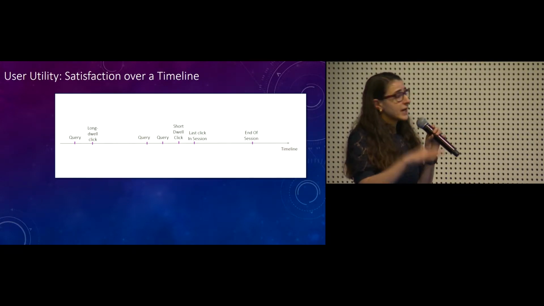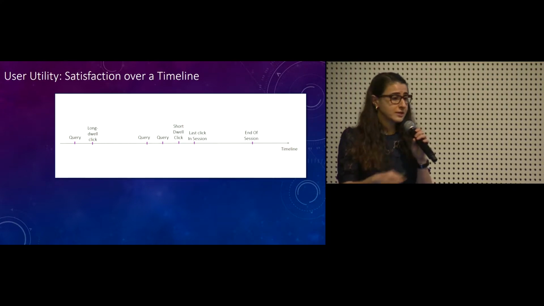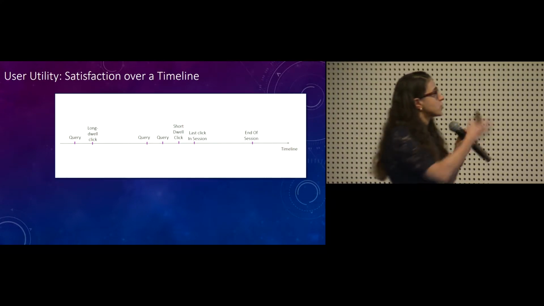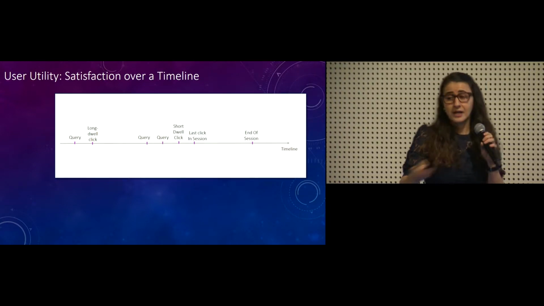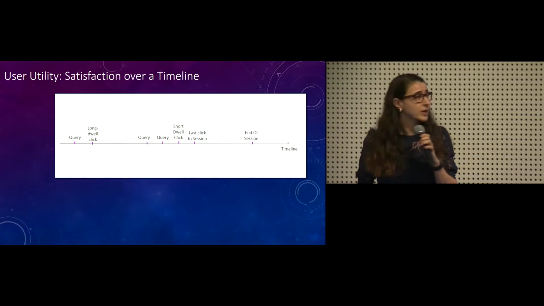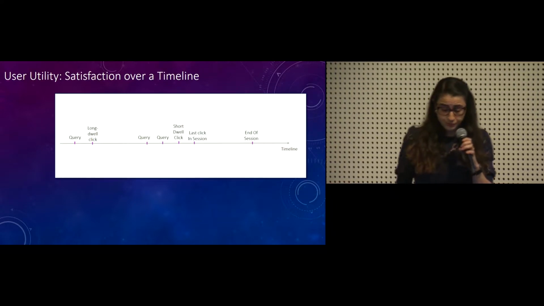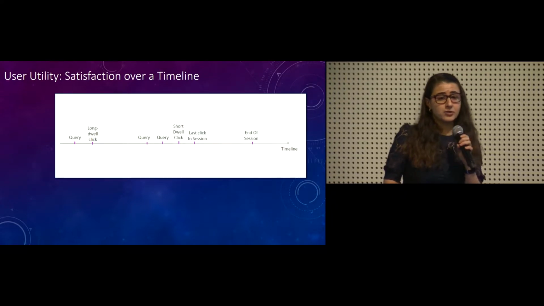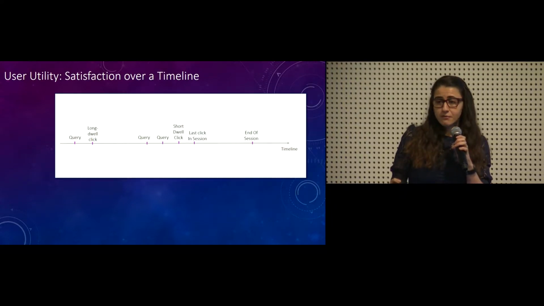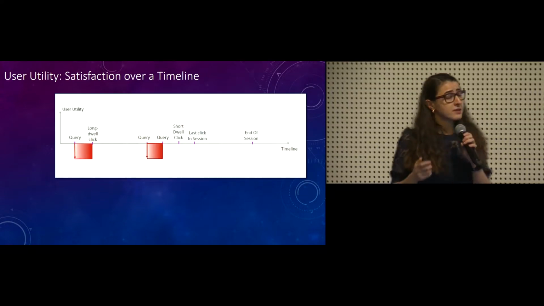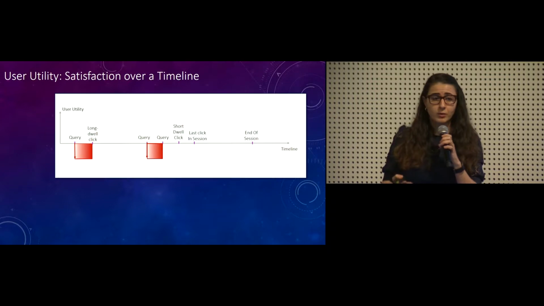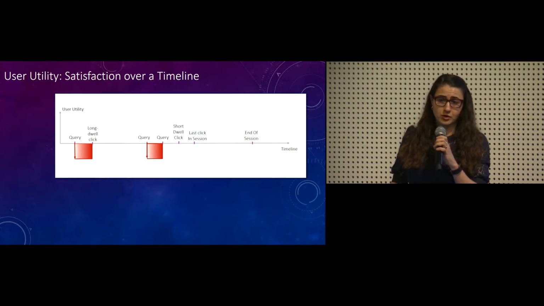What we do is lay down all the user actions on a timeline, ordered by time. The user issues a query, they click somewhere, spend a long time, go back and search, and do some more clicks before they end their session. For every action, we assign either a positive or a negative effect on the user utility. We think of the time spent after the user issues a query as looking for information, so this is negative time.